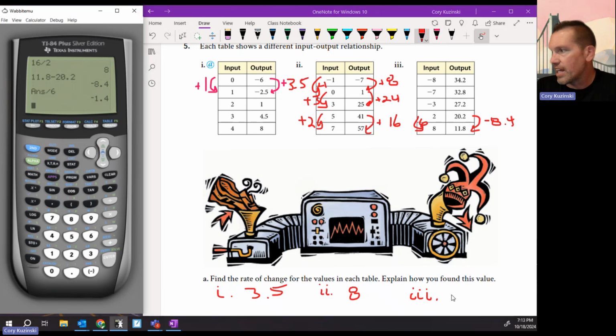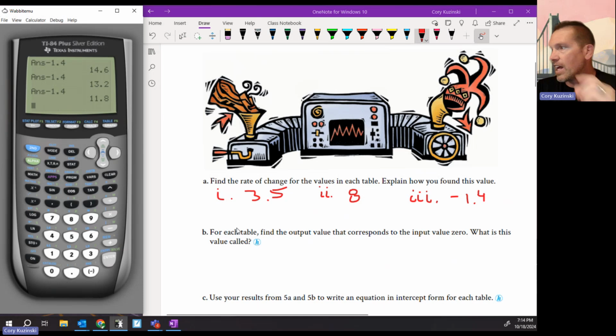It should be that our rate of change is negative 1.4. We'll check that with the recursive rule. 34.2, enter, minus 1.4. That should give us 32.8. And then for negative 6, negative 5, negative 4, negative 3, 27.2, negative 2, negative 1, 0, 1, 2, 3, 4, 5, 6, 7, 8. There we go. We got them all.